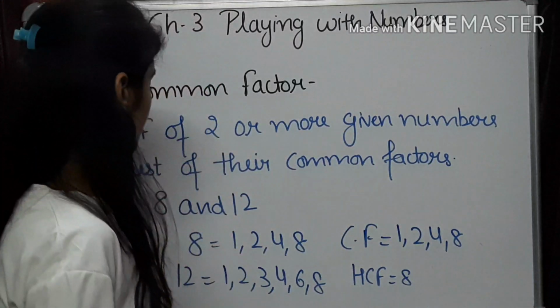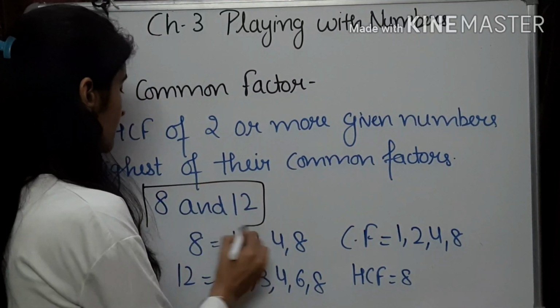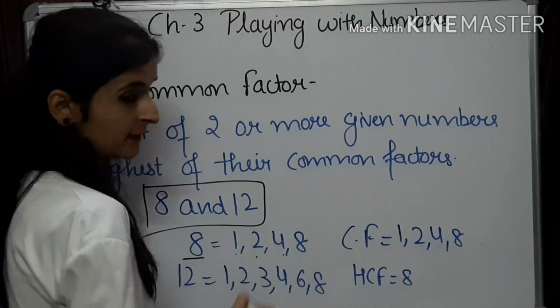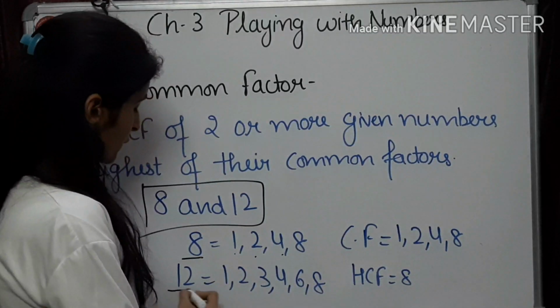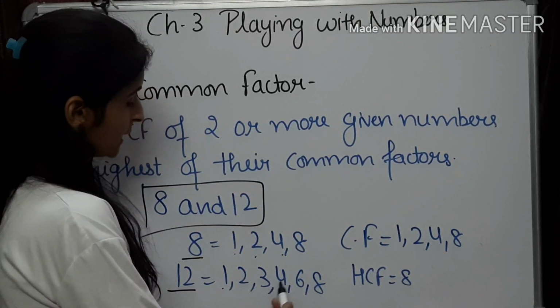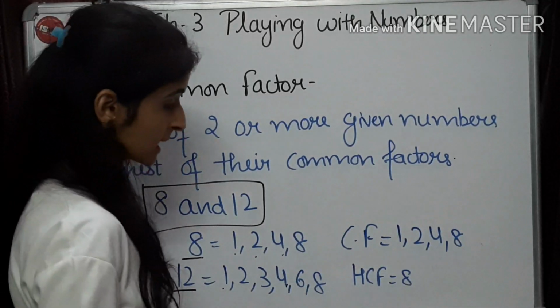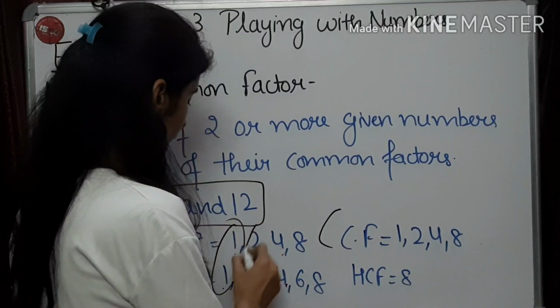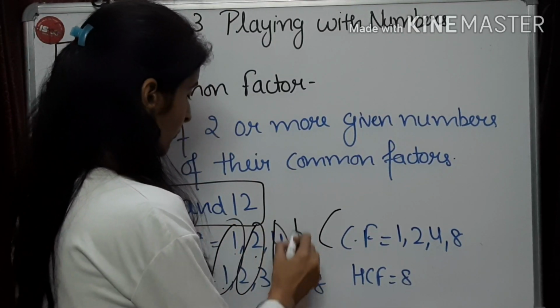Like I have taken one example here, 8 and 12. The factors of 8 are 1, 2, 4 and 8. Factors of 12 are 1, 2, 3, 4, 6 and 12. But what about common factors? Common factors are 1, 2, 4.